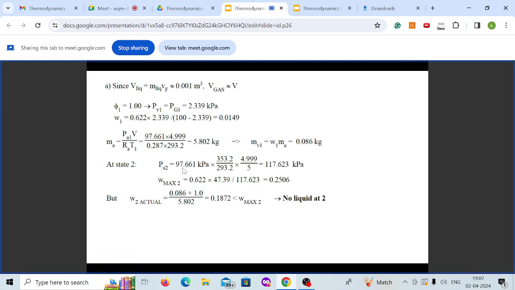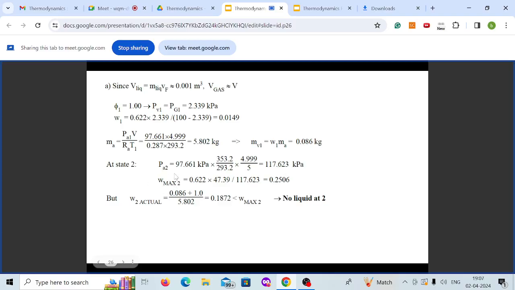PA2 is 97.661 kilopascal times, since this is a constant volume process, PV by T is constant, because your volume is also changing from 4.999 to 5, assuming that all the water is evaporated. So 4.999 divided by 5. This gives you the pressure at state 2 as 117.623 kilopascal.